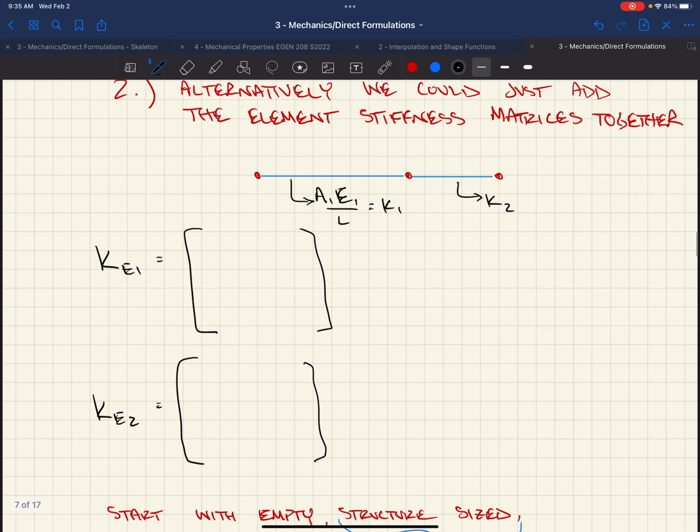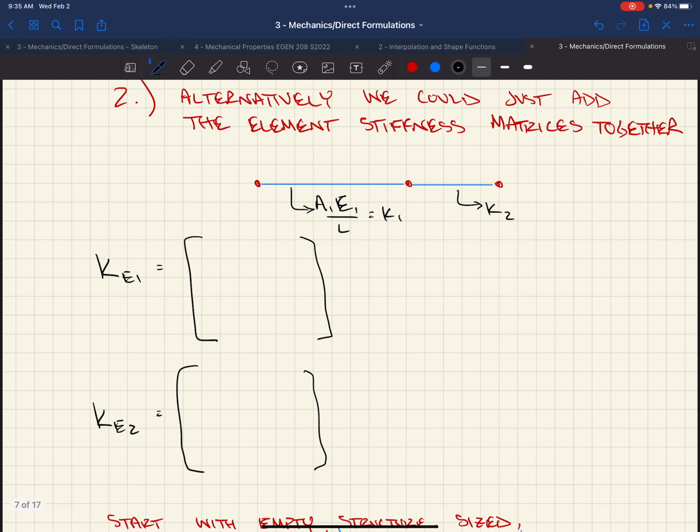We could just add the element stiffness matrices together. So if we start out with knowing that K1 is A1 E1 over L1, that's our stiffness. Take that times the displacement of that first bar, and we're going to get our force. Same with K2, right? Instead, it's going to be A2 E2 over L2.